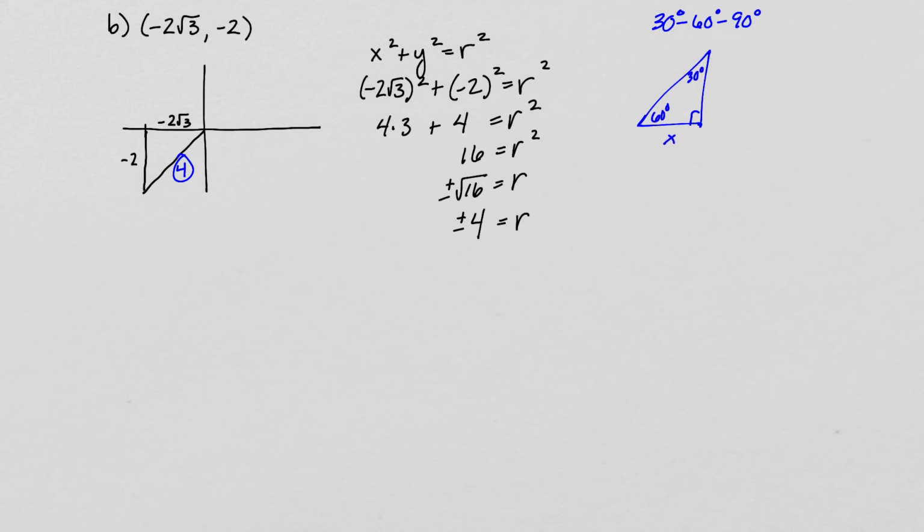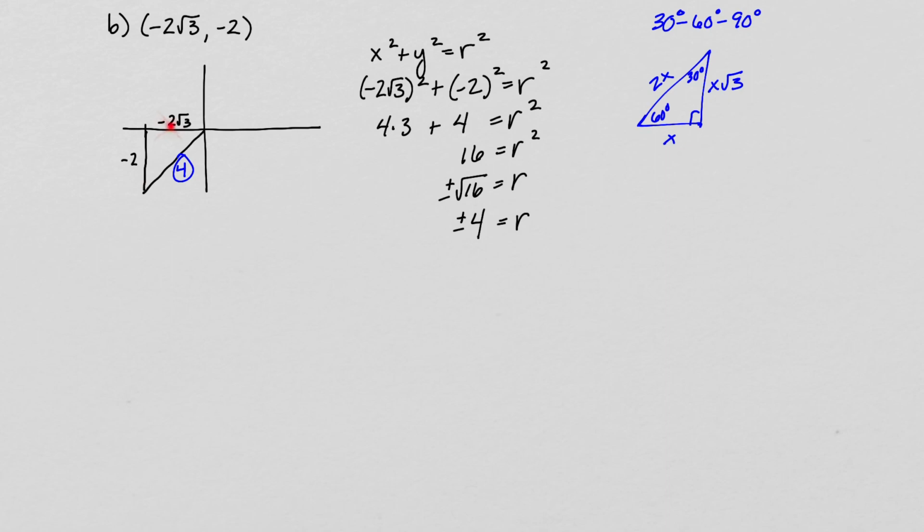The side across from 60 is x root 3, and the hypotenuse is 2x. So if you look at what we have over here, I have a thing that's minus 2 root 3. And so the negatives are just telling us that we're going to the left and we're going down. So you can ignore the negatives.